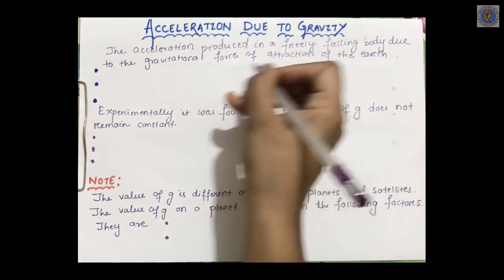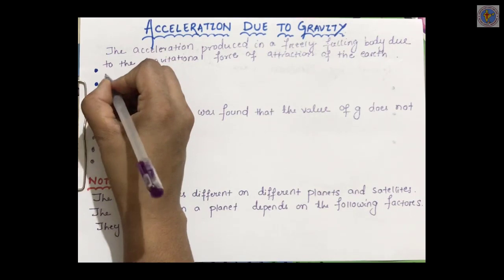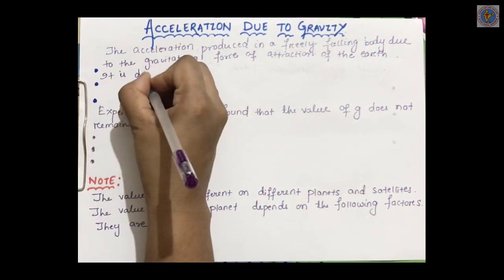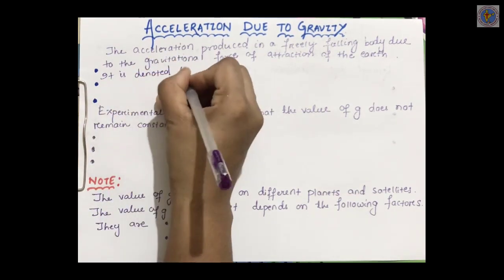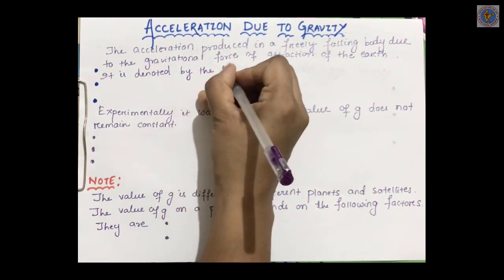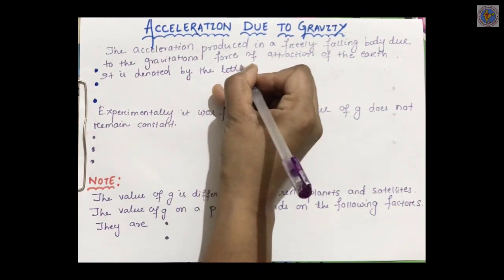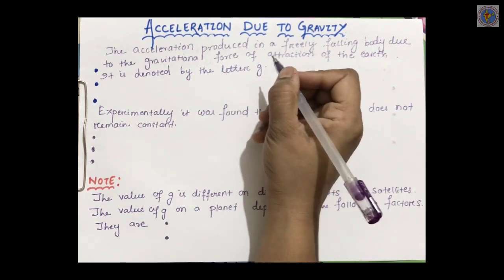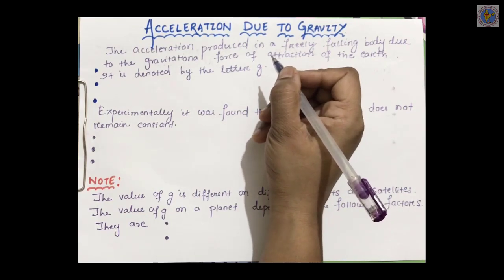It is denoted by the letter small g, because capital G is the universal gravitational constant.